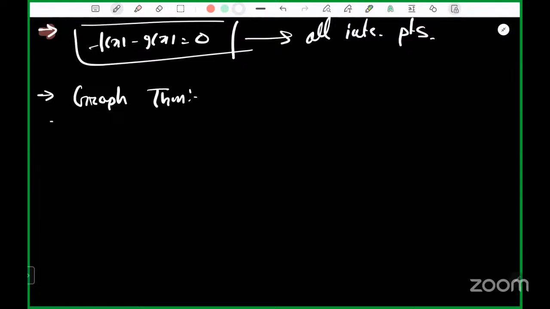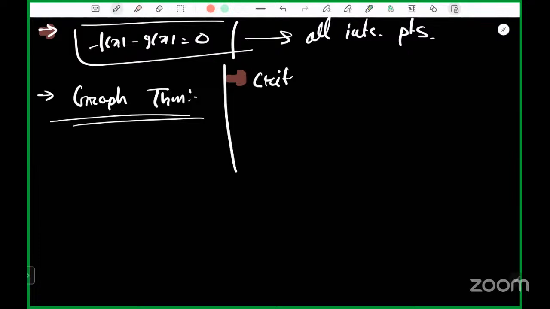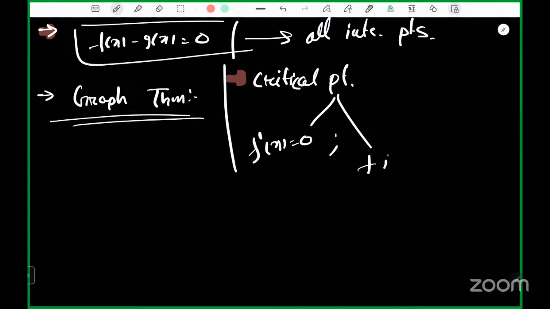Ma'am, I have a general doubt, please. Yes, Santosh. How to calculate a critical point? So first you have to recall the definition. What is a critical point? Critical points have two types of nature. All those points for which f dash of x is equal to 0 are known as critical points, or f is not differentiable at those points.